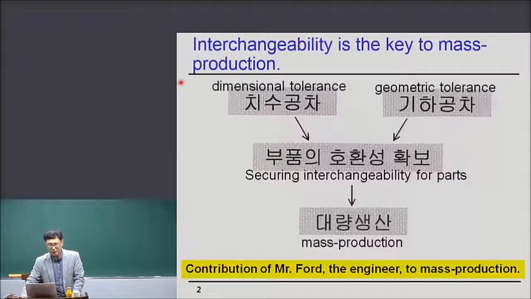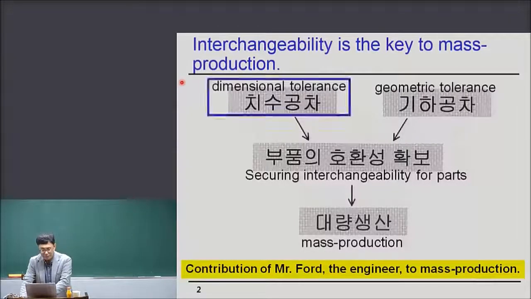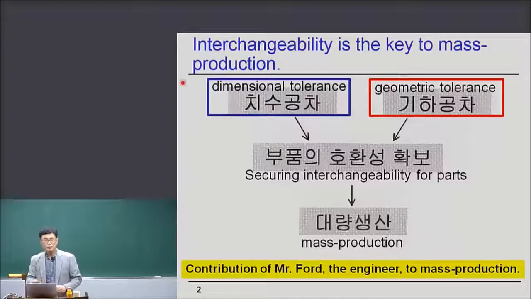By that way, you select the dimensional tolerance, right? Okay, but interchangeability is the key to mass production, and with only dimensional tolerance you cannot achieve it. So finally, you have to select the geometric tolerance.